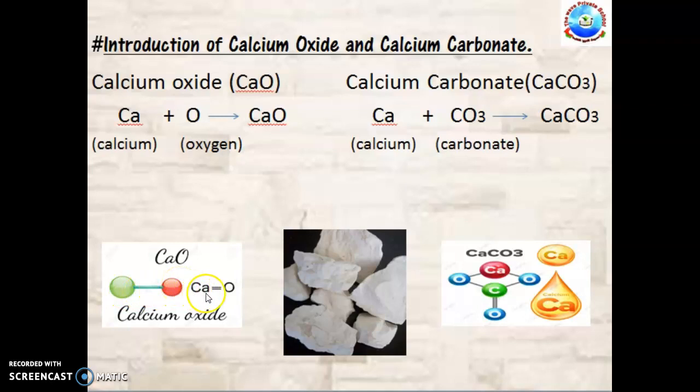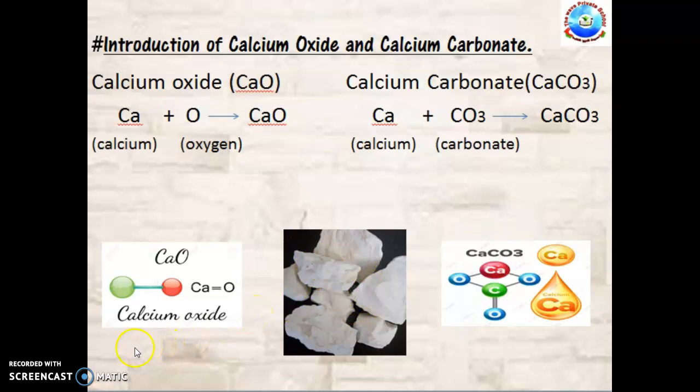When they react, it forms calcium oxide. Similarly, when calcium reacts with carbonate, the product formed is CaCO3, that is called calcium carbonate. The image which you can see is of calcium carbonate.